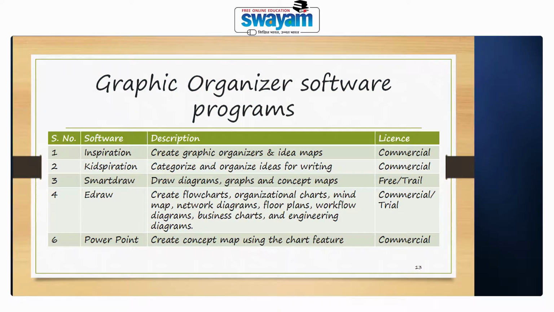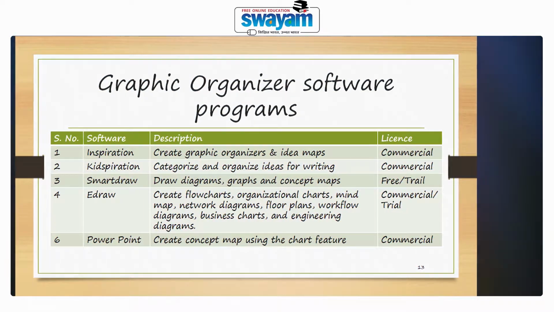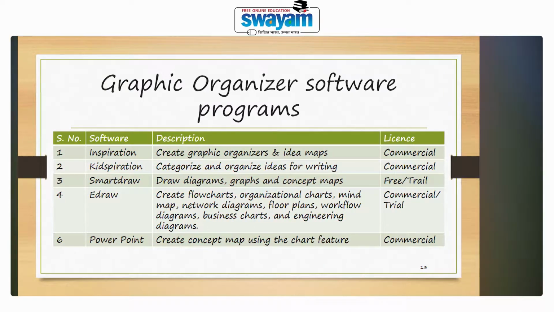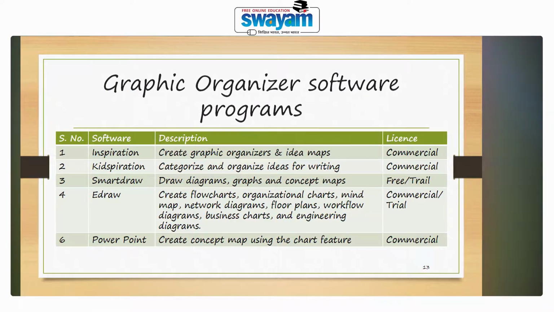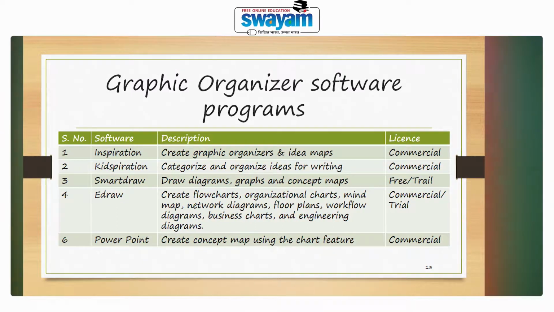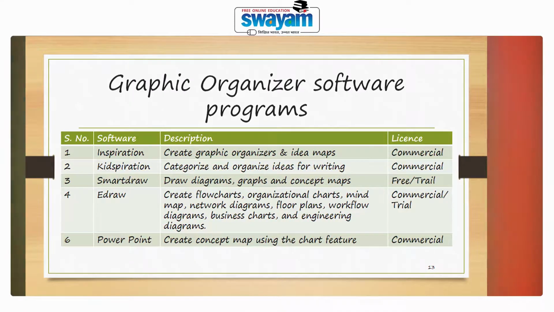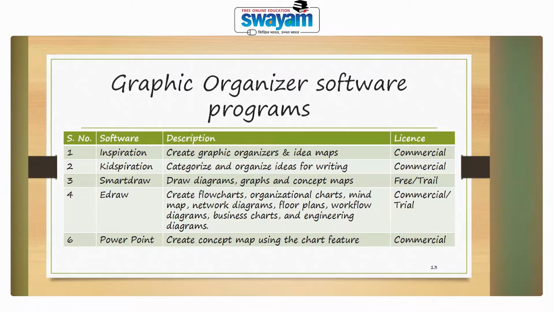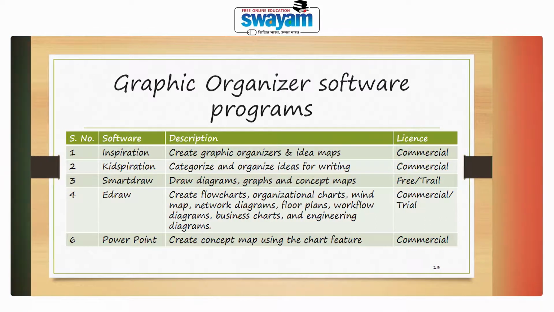Some examples of graphic organizer programs include: number 1, Inspiration, which is used to create graphic organizers and idea maps and is commercial in nature. Second is Kidspiration, which is used to categorize and organize ideas for writing and is commercial in nature.